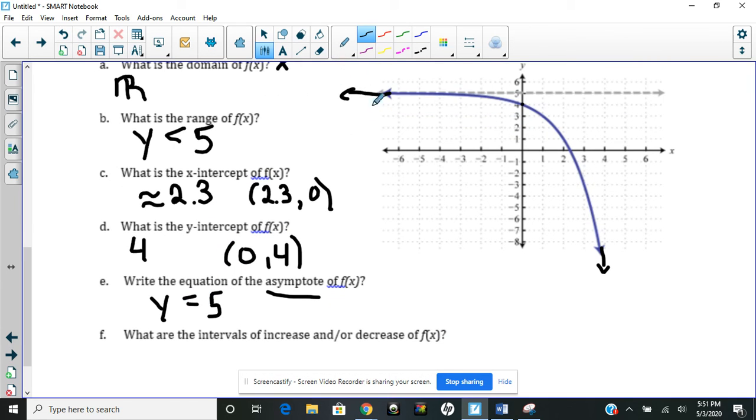And then I need to think about this graph and see if it's increasing or decreasing. As I move from left to right, my pen goes down. So that means that my graph is decreasing.